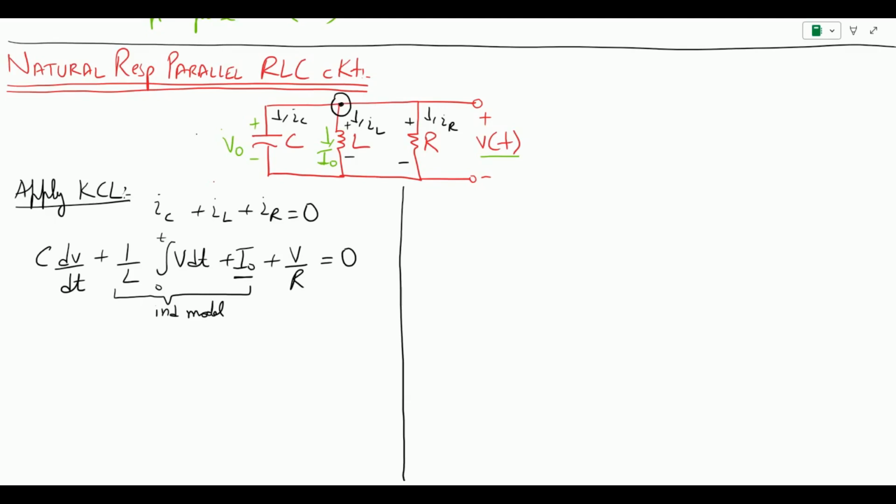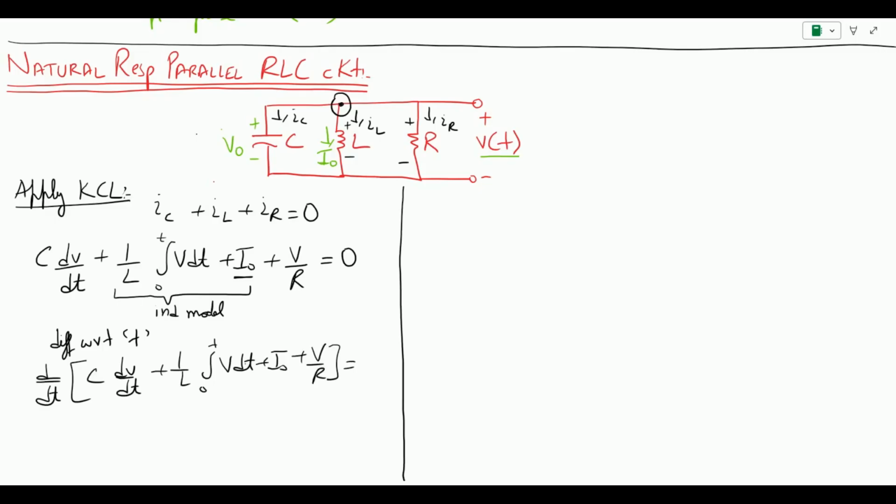So if we differentiate this equation with respect to t, we have the complete equation: C dV by dt plus 1 by L integral of V dt plus I naught, plus V by R equals 0.